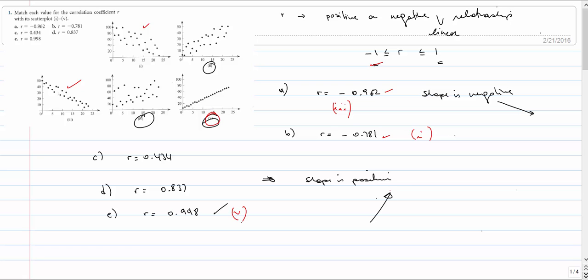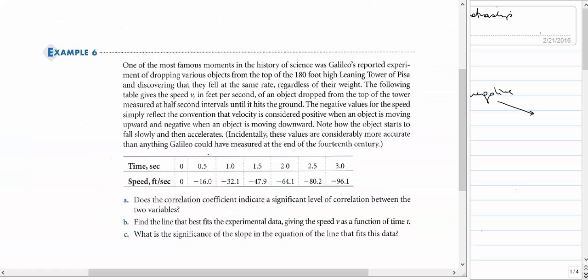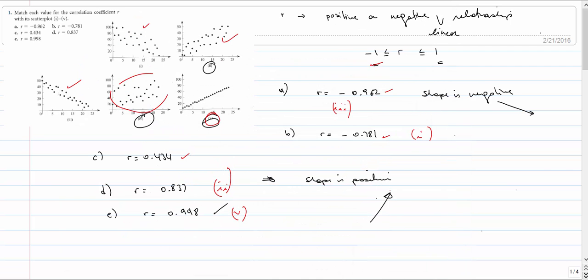And then I would go with, for D, double E, it's more scattered. And this one is much more scattered, which is an R value close to 0. So I would say then it is this one.